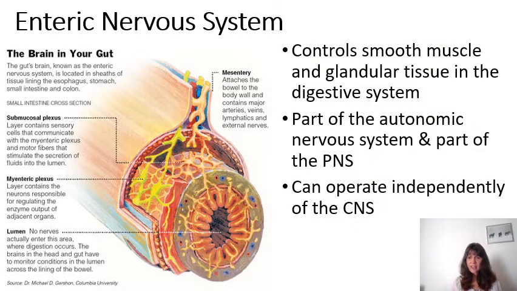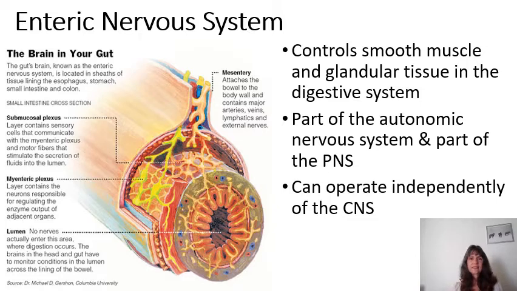There is a specialized portion of our peripheral nervous system and autonomic nervous system that deals with specific organs in the digestive system. This is the enteric nervous system, sometimes referred to as the brain in your gut or your gut's brain.